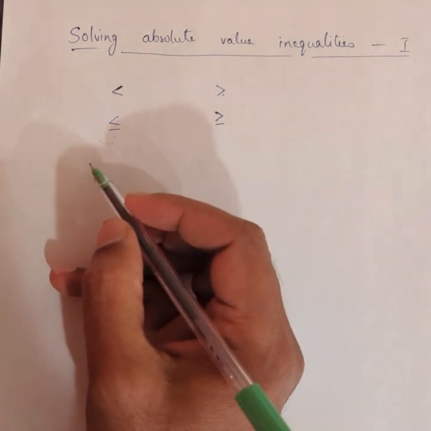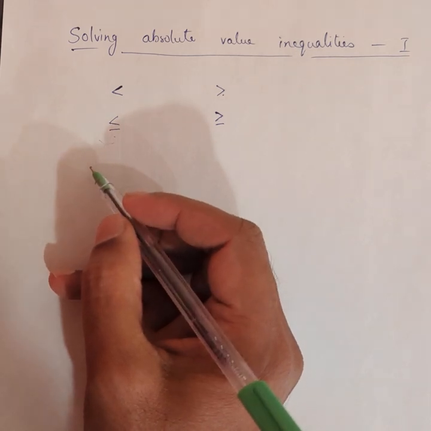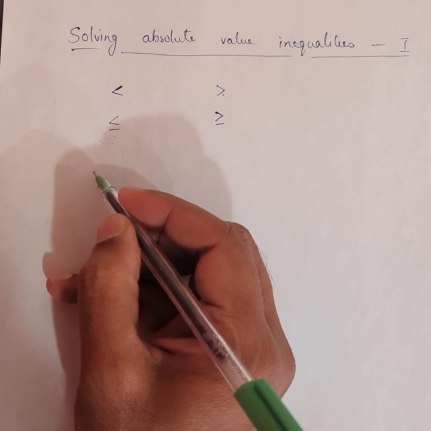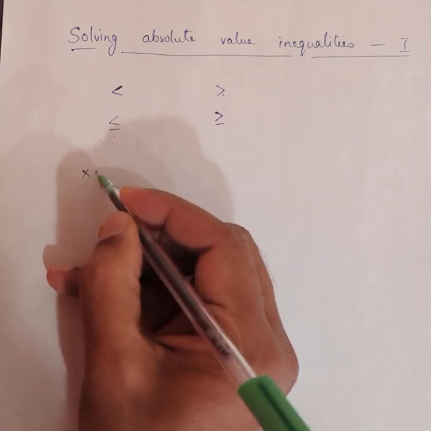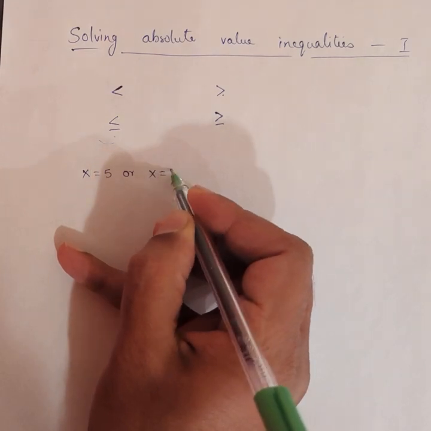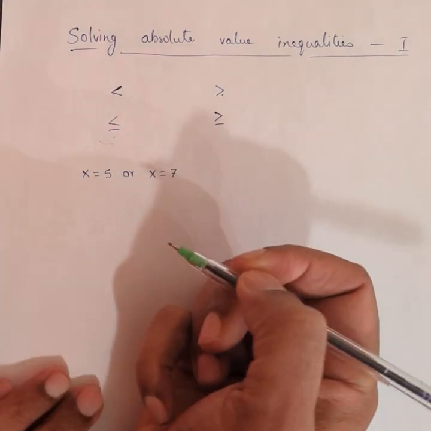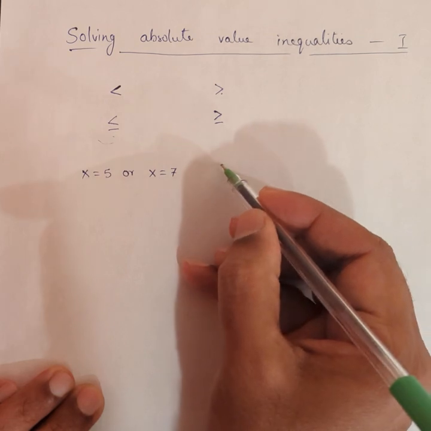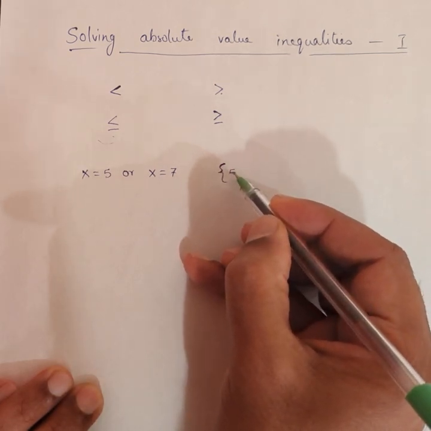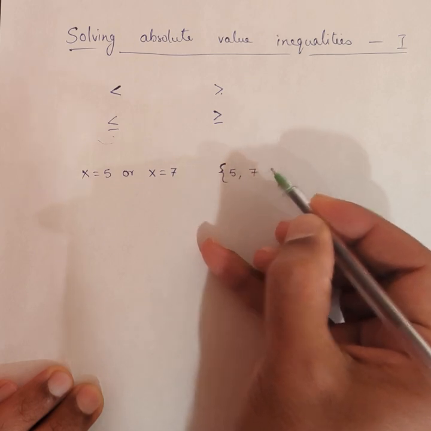And when you solve an absolute value equation, you get maybe two numbers. So you say x equals 5 or x equals 7. You could write the same using braces: 5, 7.